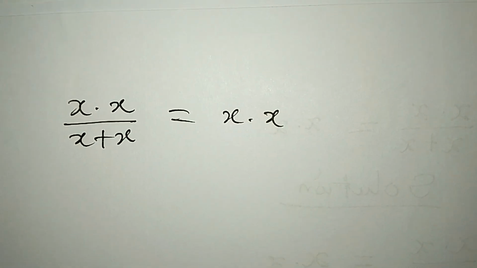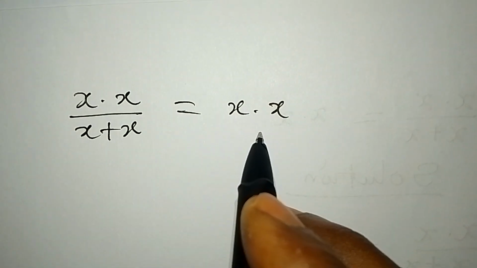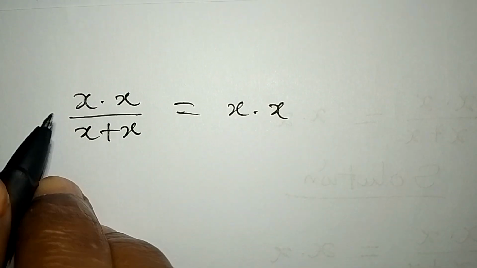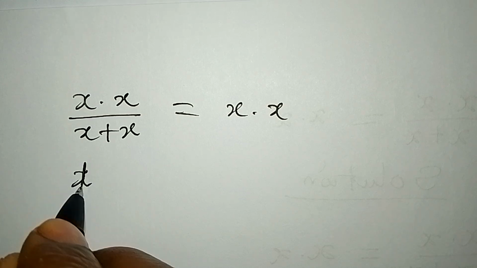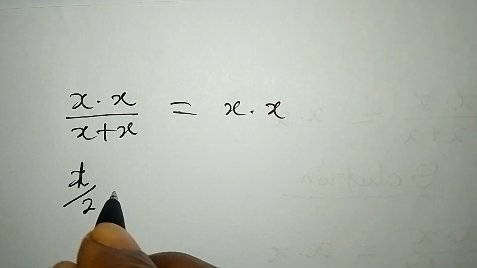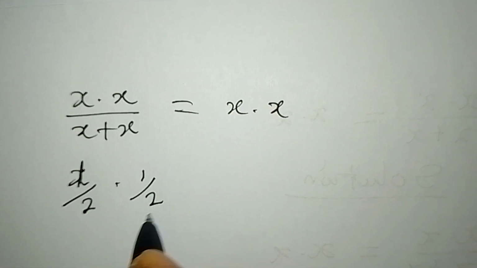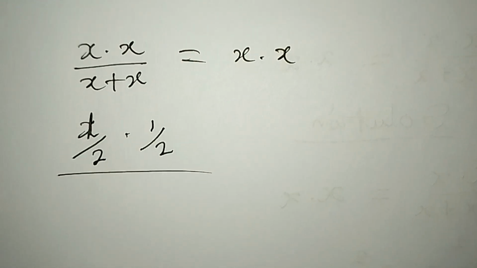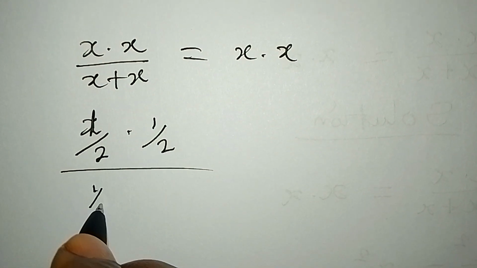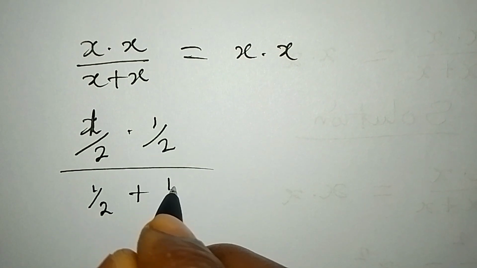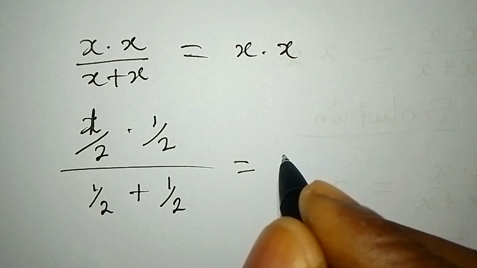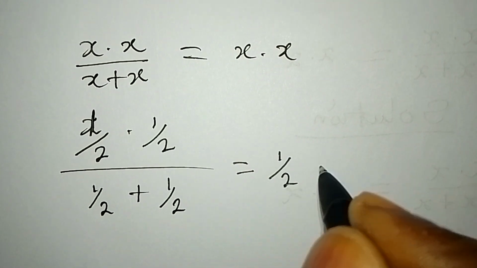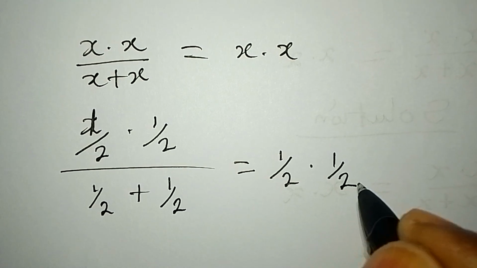So this is where we are, and our x is now 1 over 2. Now, x is 1 over 2, so we write 1 over 2 multiplied by 1 over 2 divided by 1 over 2 plus 1 over 2. Now, will this be equal to 1 over 2 times 1 over 2?